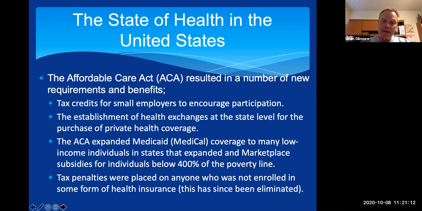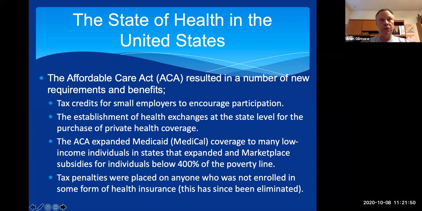Tax penalties were placed on anyone who was not enrolled in some form of health insurance. Probably one of the most controversial pieces of the Affordable Care Act was the provision that required that if a person did not have health insurance, either through their employer or through another source, and they chose not to participate in the Affordable Care Act, there was a tax penalty that would be placed upon them at the point that they filed for their income tax.